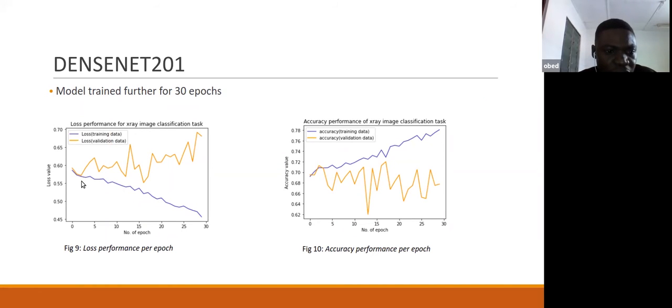And after the third epoch, the validation loss and then the training loss begins to diverge. And looking at how the divergence is occurring, it's a bit interesting to me.